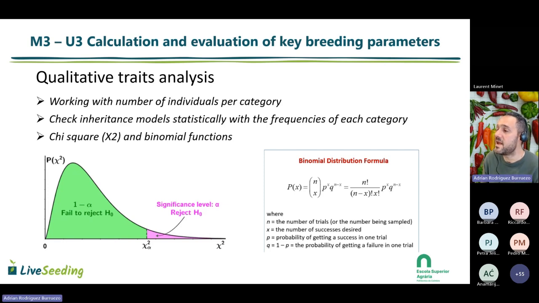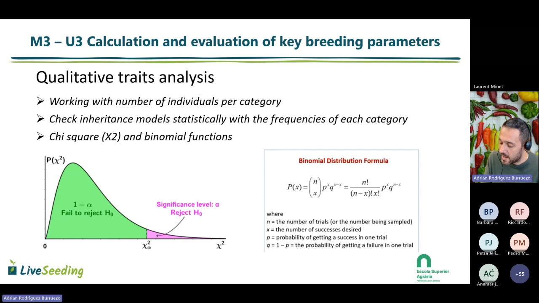They work with the number of individuals in each category. Think that we have three categories for the expression of this resistance: tolerant, mid-tolerant, or susceptible.